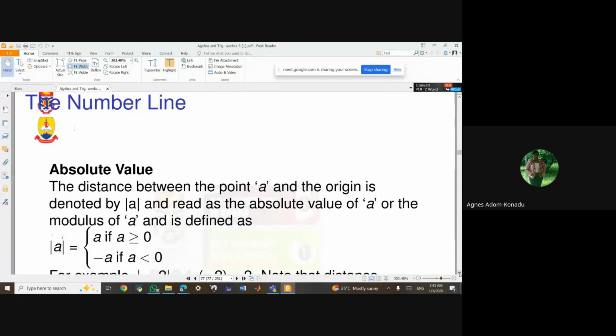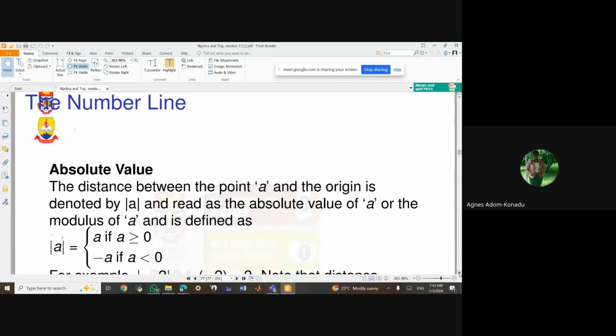Today we want to look at the number line, and we all know the number line. We started dealing with the number line even at primary school. I remember my kids, even my class 1 daughter, she brings number line problems to us.